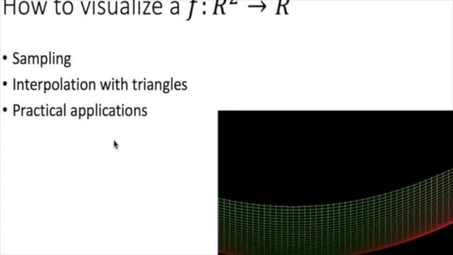I have used several examples for minimizing a function from two dimensions to one dimension. To visualize the function, I use sampling, and then interpolate with triangles, and OpenGL can use the triangles to render it.